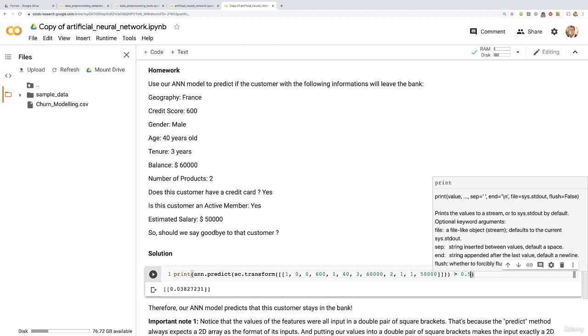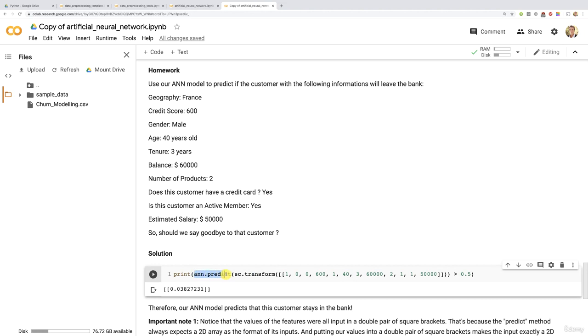Why is that? That's because all this, the predict, the transform, and all the information of the customer up to here returns exactly the predicted probability. And here we choose a threshold of 0.5 to say that if that predicted probability is larger than 0.5, we will consider the final result to be 1, because there is more than a 50% chance that the predicted outcome is 1.